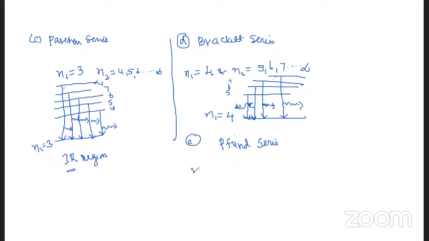That means n1 should be equal to 5 here, and n2 is more than 5, like 6, 7, 8, and so on.